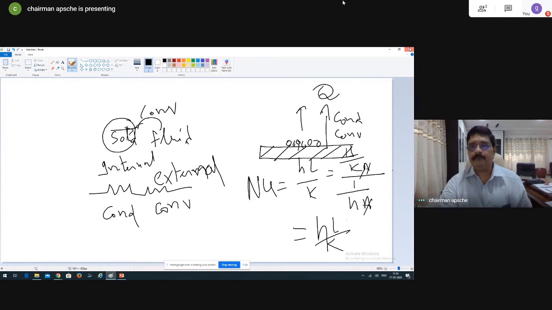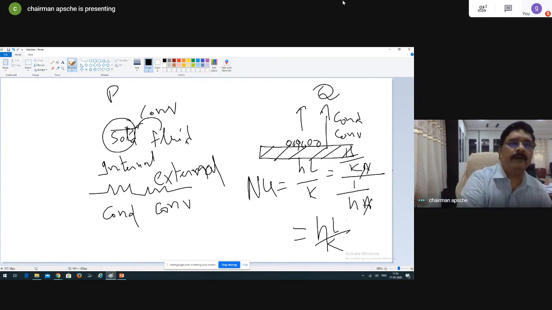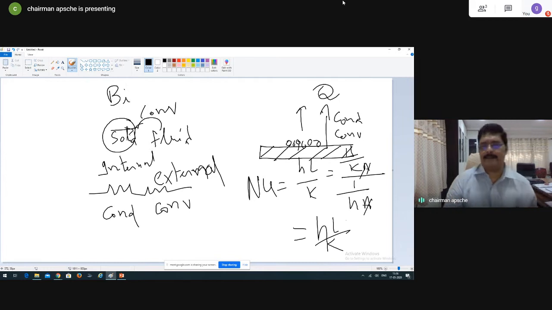Don't get confused between them. Two things I just draw to your attention. Biot number always compares a solid resistance to the fluid resistance. Fluid is outside the solid. Conduction resistance to convection resistance, but conduction inside a solid, convection outside the solid.